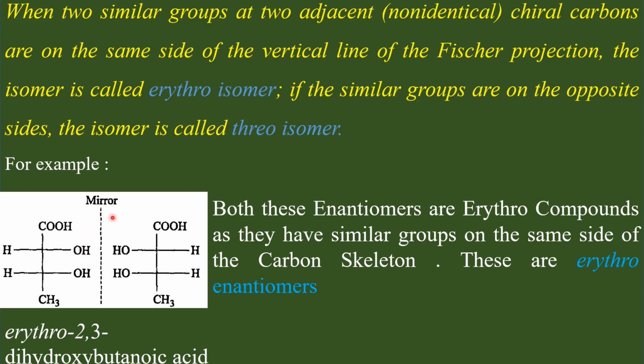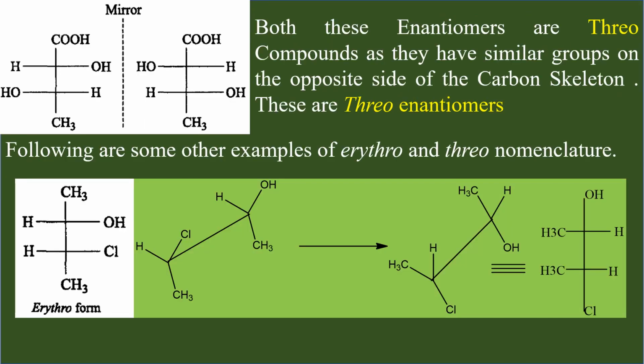These are mirror image isomers, enantiomers, but still they have the similar groups on the same side of this vertical line. Therefore, the names of both the molecules should have the prefix erythro, and both are erythro enantiomers.